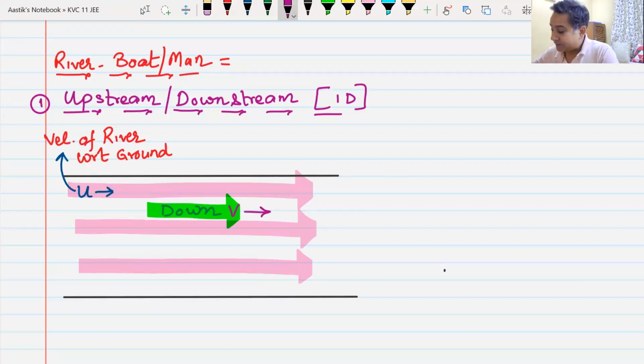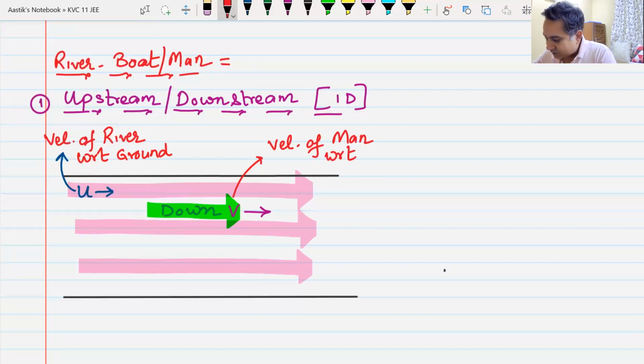So v will be the velocity of man or boat. Remember, it will always be given with respect to water or with respect to river, because man is going to swim or boat is going to sail in the river only. So if it goes along the same flow, that is known as downstream.